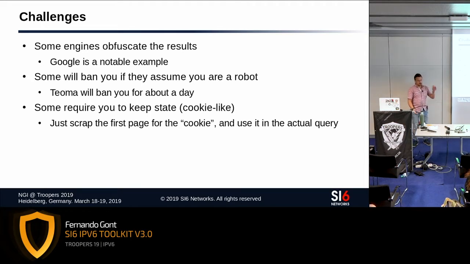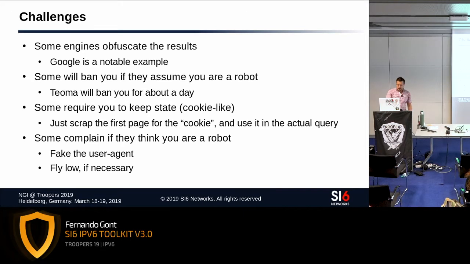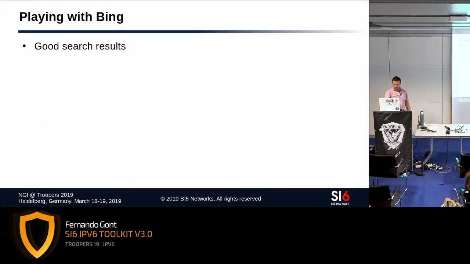While I was working on a script, I ran the script a couple of times, and my IP address was banned for about 2 days. So that wasn't that useful for what I was looking for. Eventually, I ended up using Bing, which I had never used. The interesting thing was that the source wasn't obfuscated, and apparently they didn't do any kind of controls regarding how many queries you do per amount of time. So that was what I was looking for.